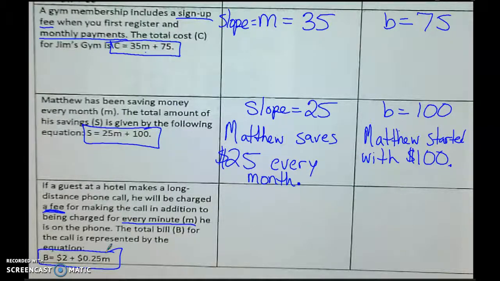If I rewrite this equation, b equals 0.25 m plus $2, that's what you're familiar with seeing. So for number 6, you're going to decide what the slope is, what the y-intercept is, and then explain what each represents.